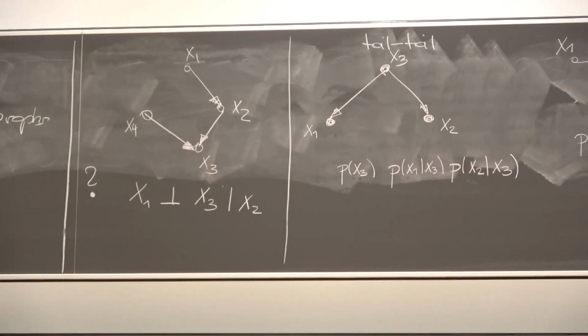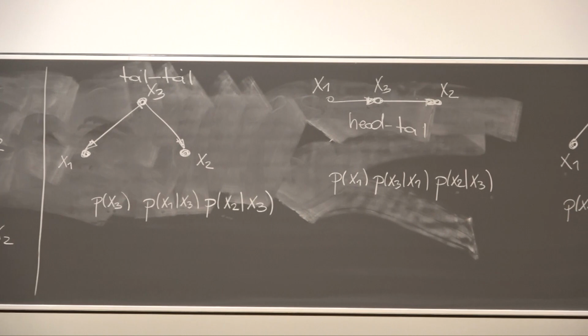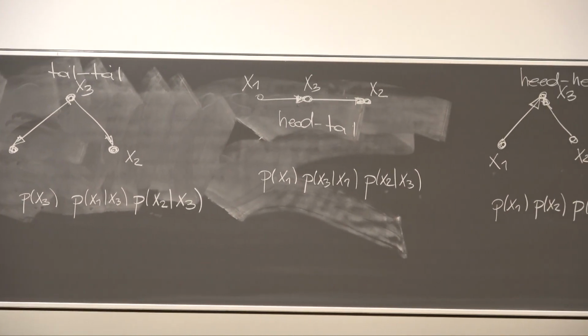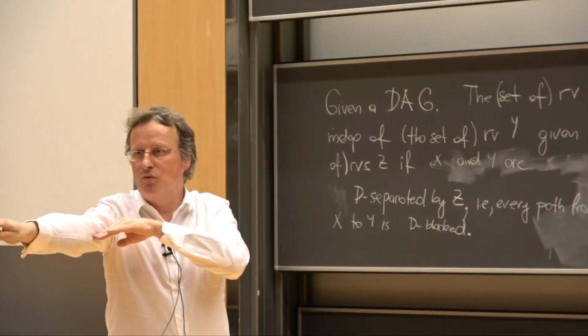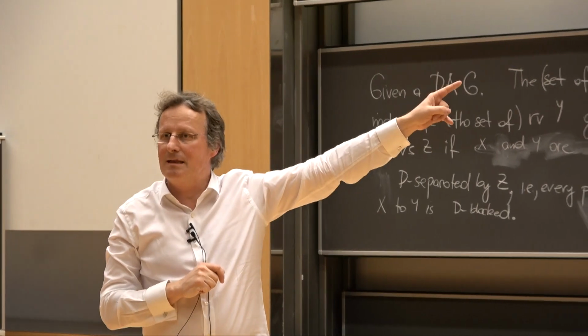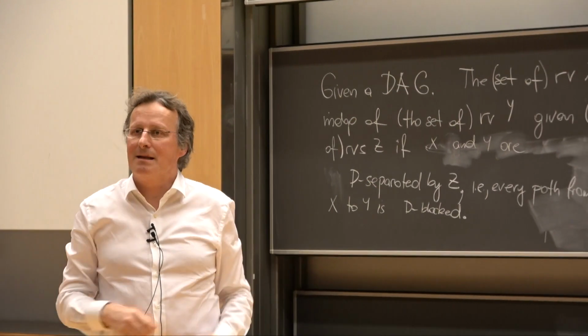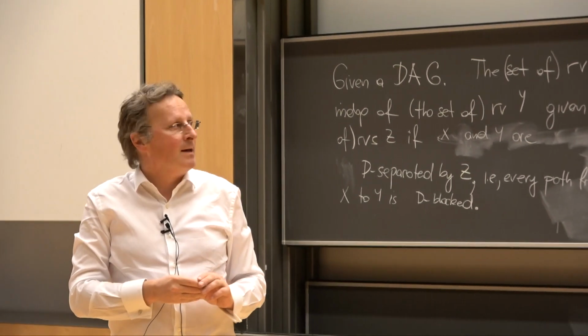Another way to block a dependent path: if I have x1, x3, x2, the head-to-tail scenario, and I can find on this path somewhere a node where the two are aligned head to tail, and x3 is in z, so I tell you what x3 is, then again I block the dependence that's inherent in this path.